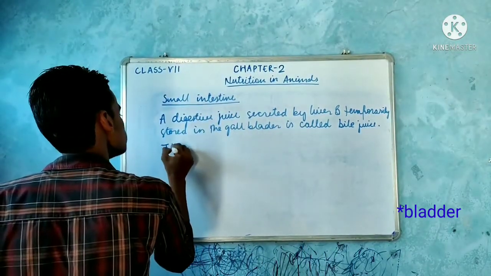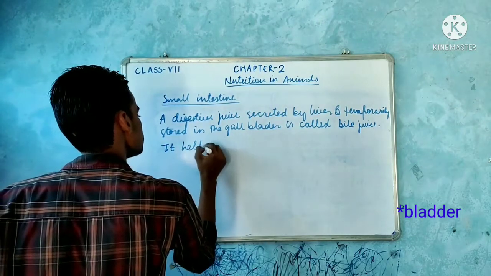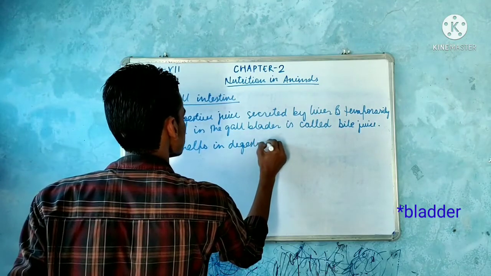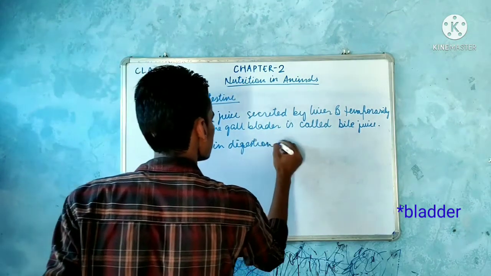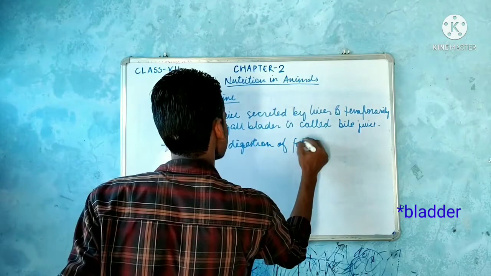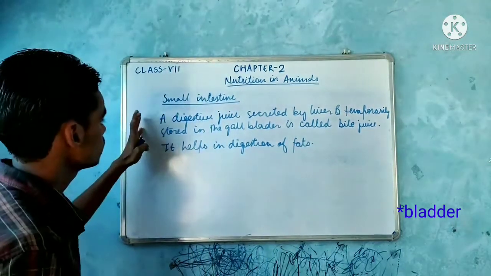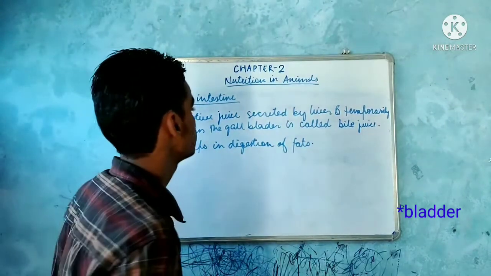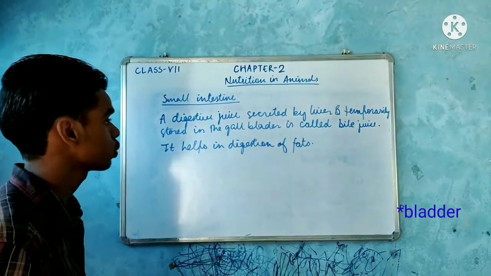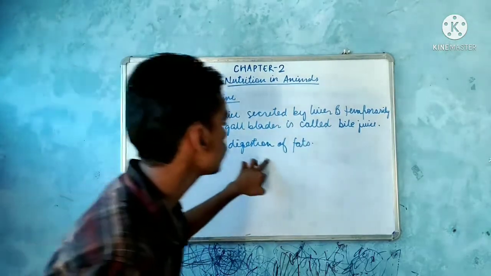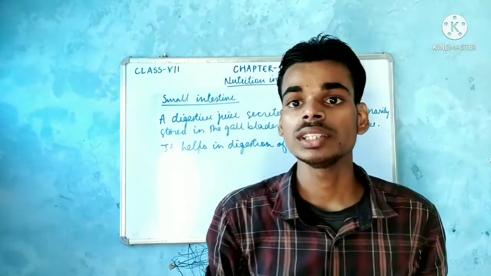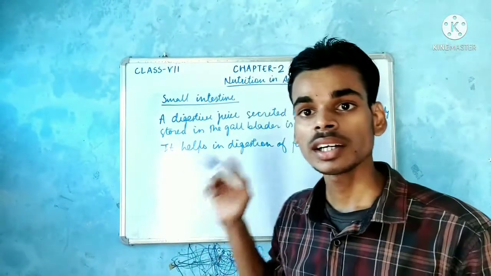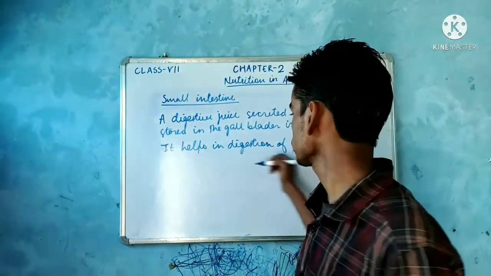It helps in digestion of fats. The bile is the digestive juice secreted by liver and temporarily stored in the gallbladder is called bile juice. It helps in digestion of fats.